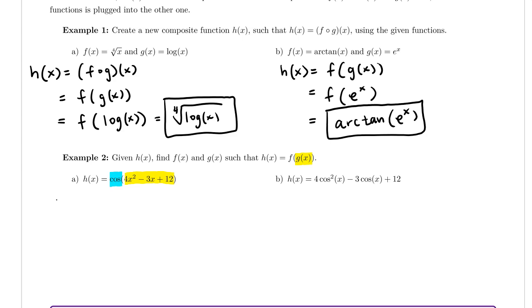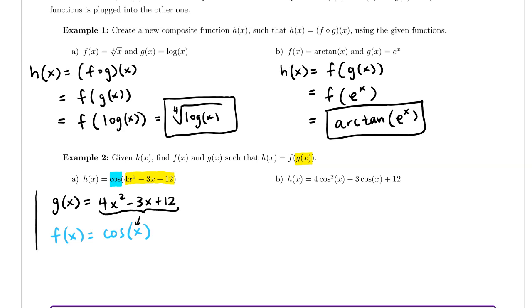Well, g of x, in this case, would equal 4x squared minus 3x plus 12. And then my f of x function would equal cosine of x. Because again, notice that we are taking this polynomial here and we are plugging it into x. And so here are our two functions.